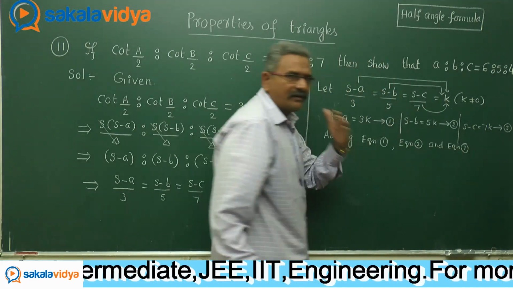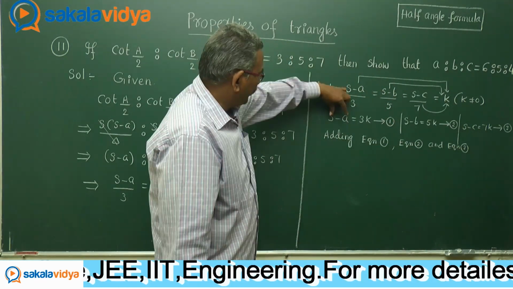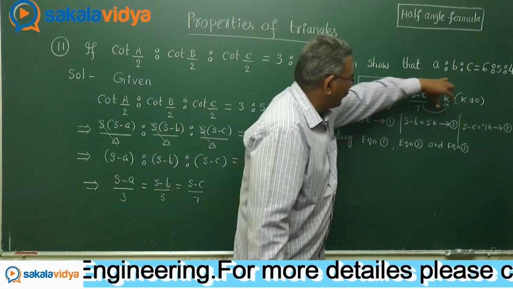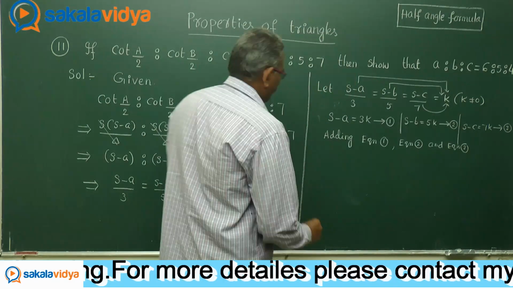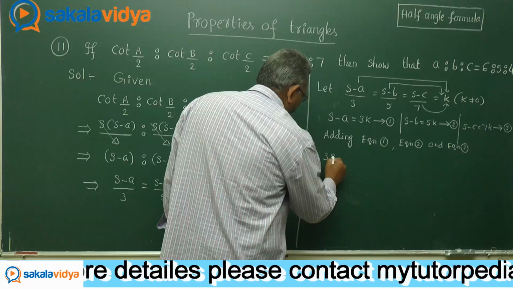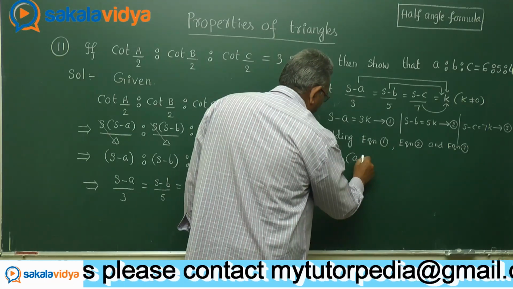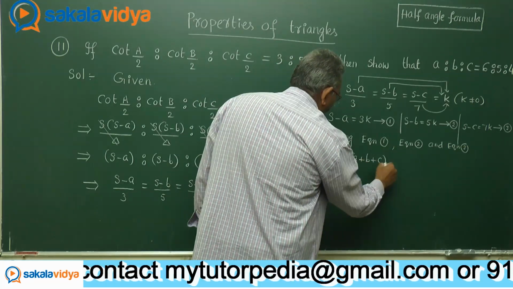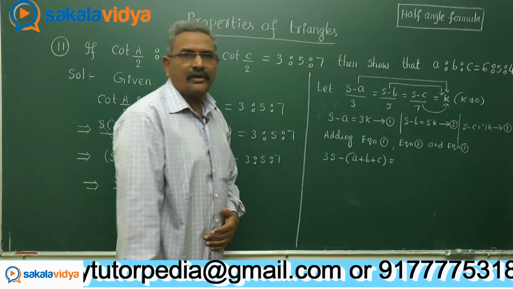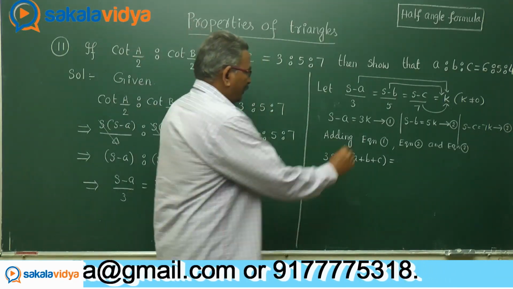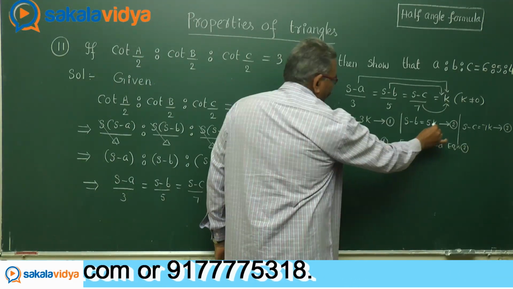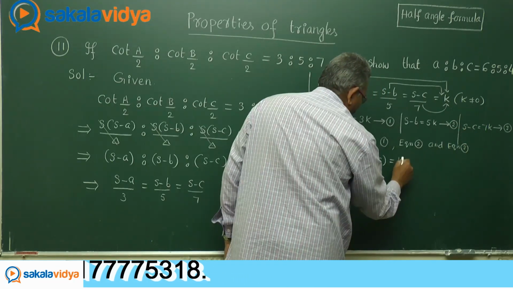Adding these three equations, s minus a plus s minus b plus s minus c, that is 3s minus (a plus b plus c), equals 3k plus 5k, 8k, plus 7k, that is 15k.